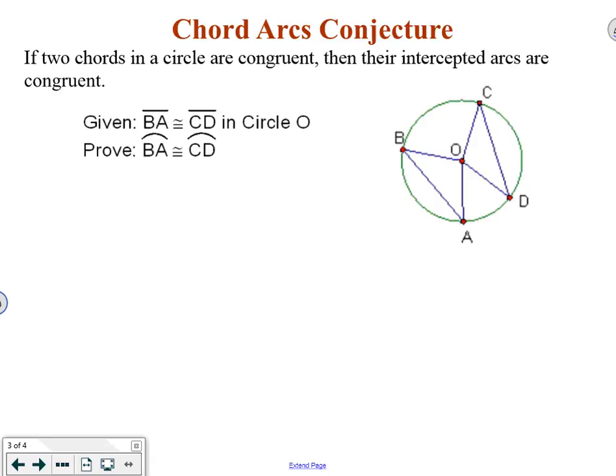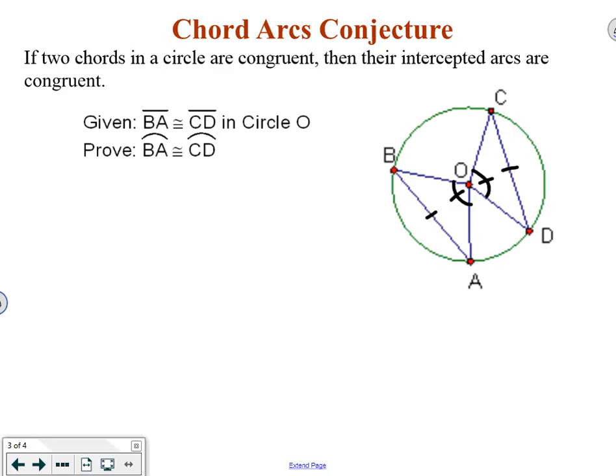So the second conjecture here is the chord arcs conjecture. And it states that if two chords in a circle are congruent, then their intercepted arcs are congruent. Again, we have the given information that BA is congruent to CD, and we need to prove that arc BA is congruent to arc CD. So we'll start with the given information. BA congruent to CD, given.